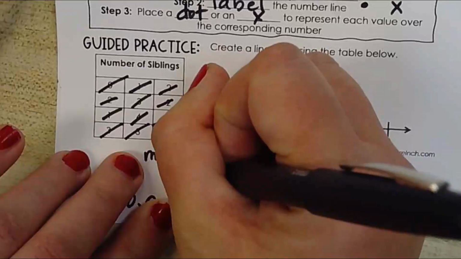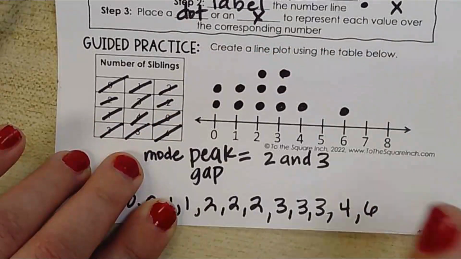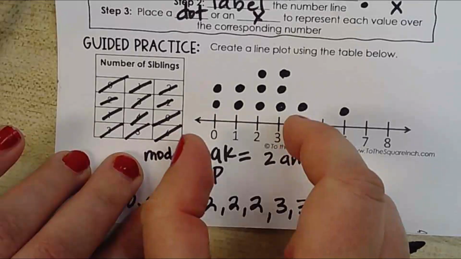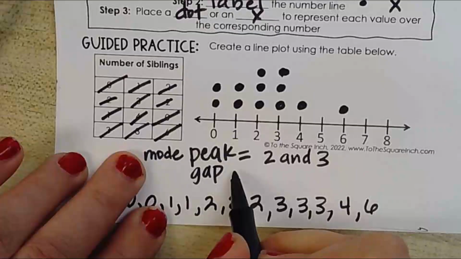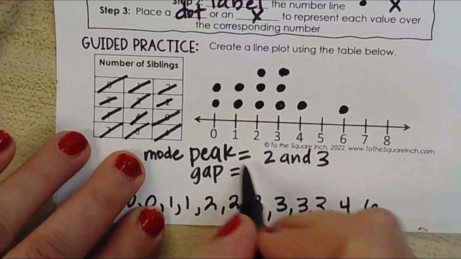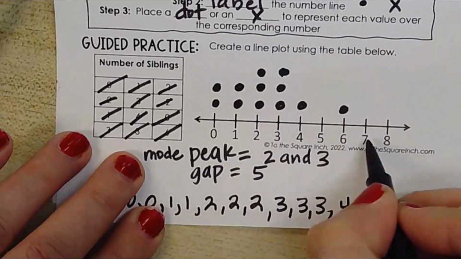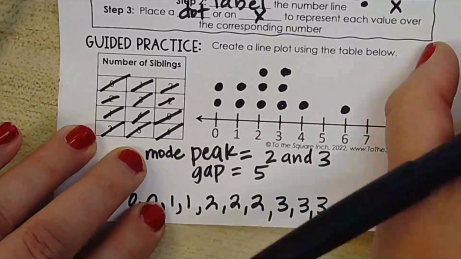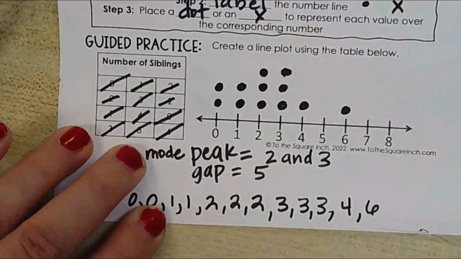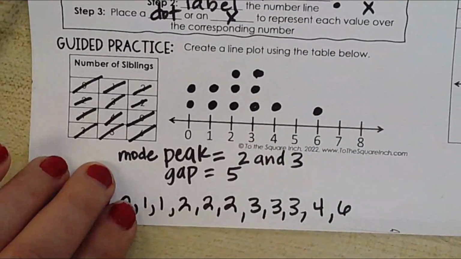My gap is when there is not a number and it's separated by dots. There is one gap. It's one number that has a gap, that has nothing there. 5. Now, some of you said 7 and 8. There's nothing on this side to make it a gap. It's like a ledge. Okay?